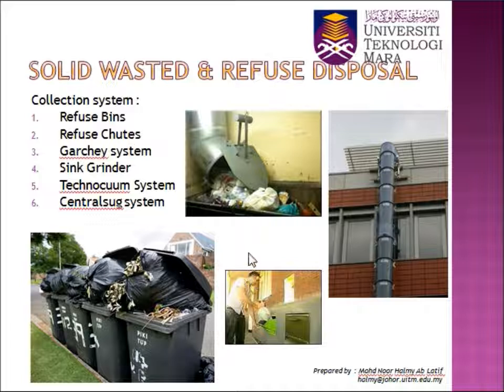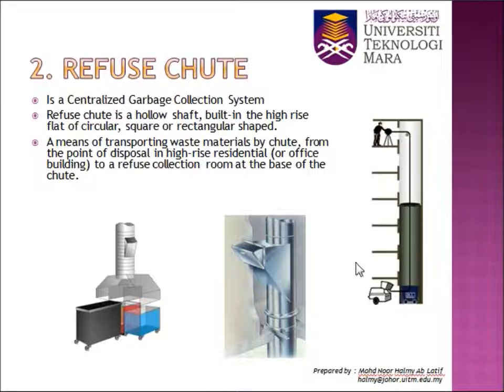So for the refuse chute, there is an example of the refuse chute, and you can find examples of every type from Google. Second, we look at the refuse chute, which is a centralized garbage collection system.